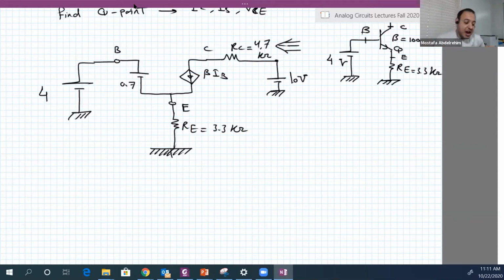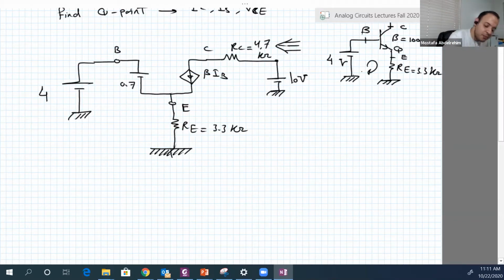Because we can anticipate from this loop if there is enough voltage for VBE to drive this junction into forward or not. Of course, it needs 0.7. So that's some hint for the cutoff region.